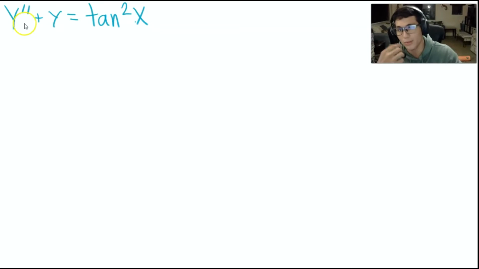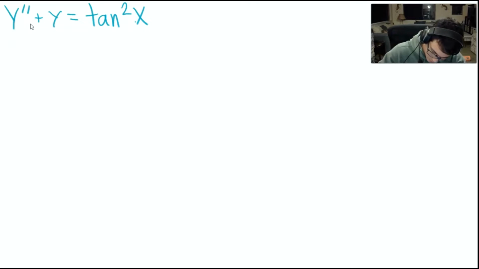Maybe you shouldn't use this method for anything above order 3, because when you're finding the Wronskian, and I'll show you what a Wronskian is in a second, it will turn into a really large determinant. And unless you're good at that, it's really hard to take determinants of functions, at least in my opinion.